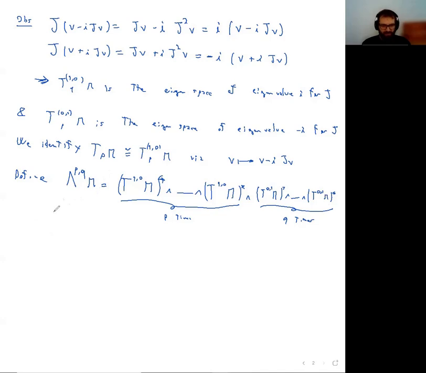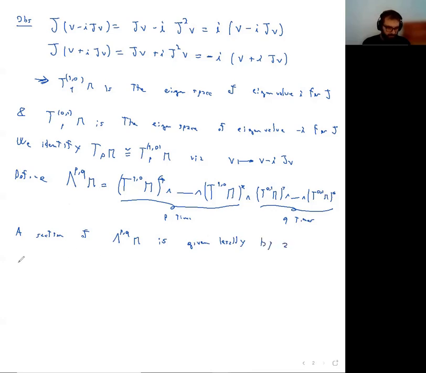And maybe to get an idea of what this is, a section of lambda PQM is given locally, so what does this look like in local coordinates?